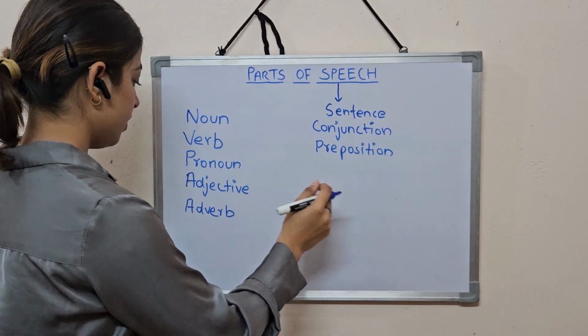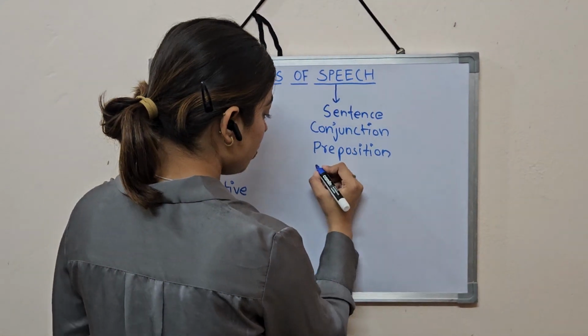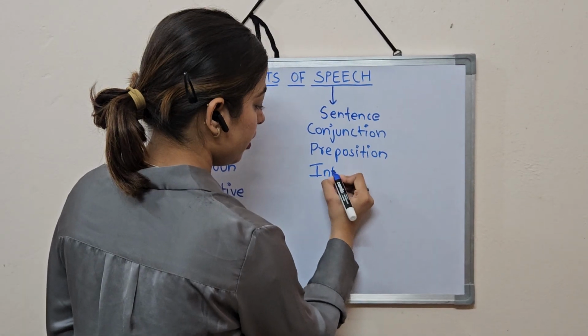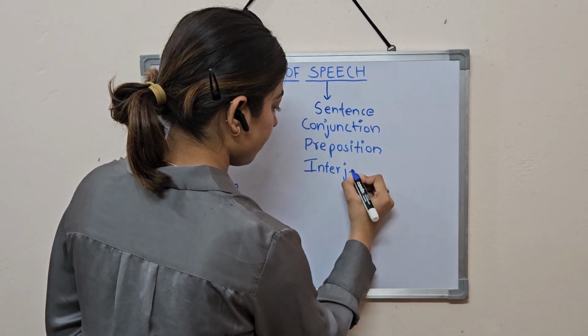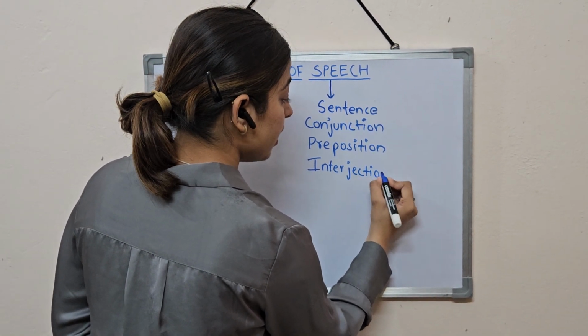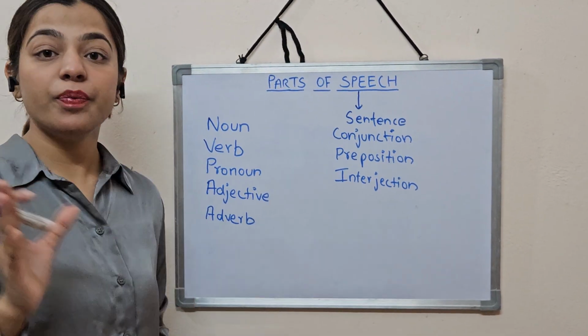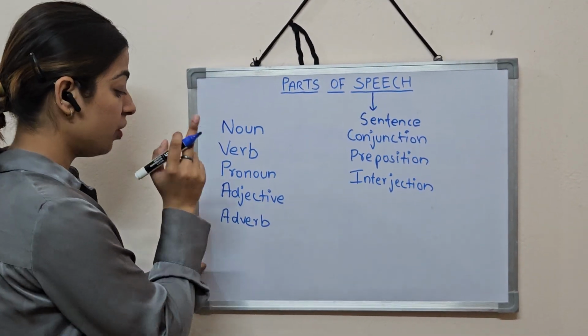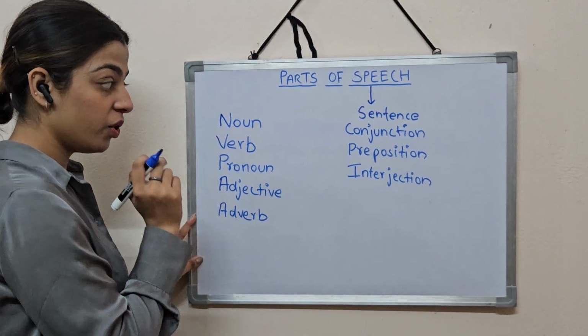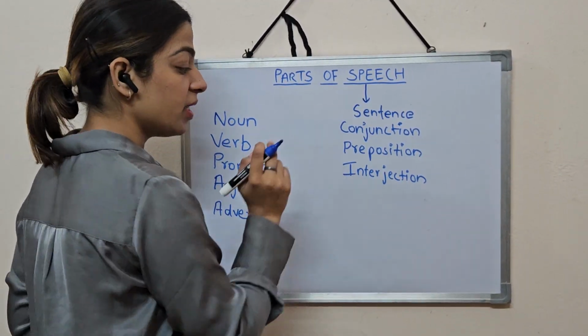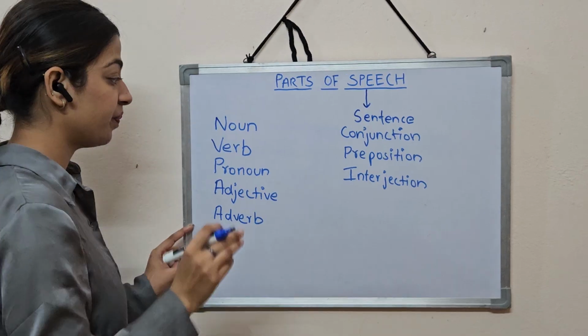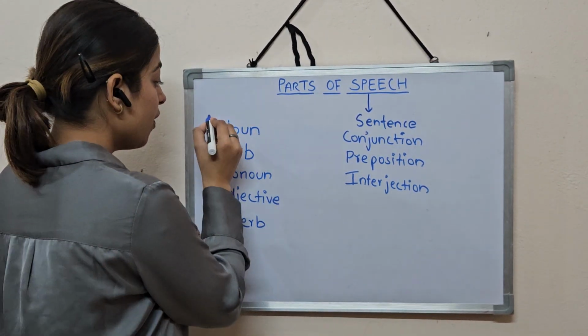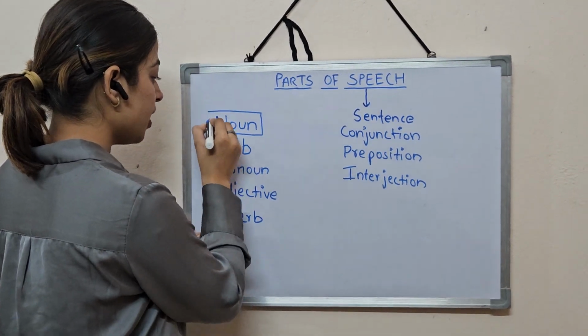And the last one is interjection. These are the 8 types of parts of speech: noun, verb, pronoun, adjective, adverb, conjunction, preposition and interjection. We will be starting with our first type, which is noun.